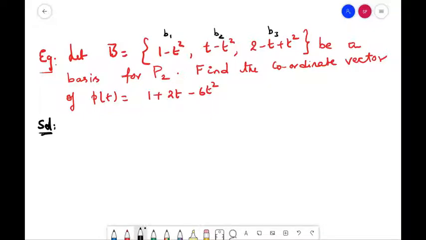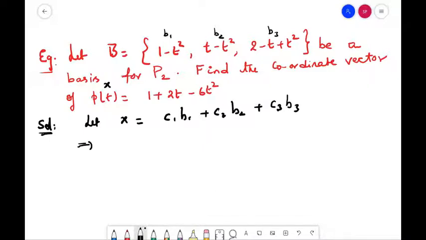These are basis vectors, and whatever is given to me, let me take it as x. Now let me write x is equal to c1 b1 plus c2 b2 plus c3 b3.